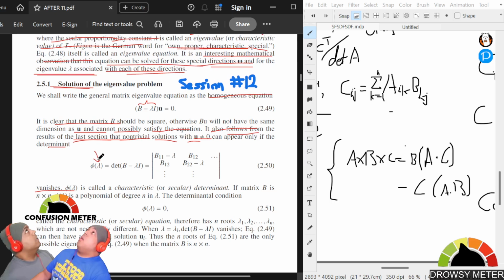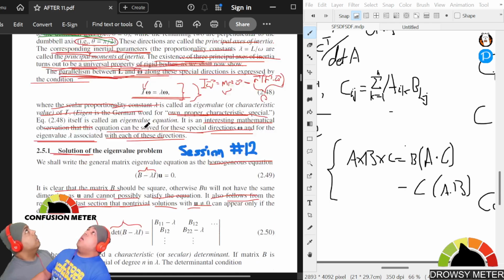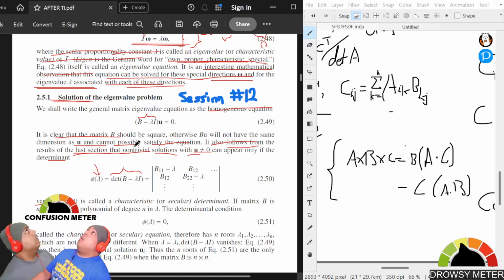Phi of lambda is just the determinant of B minus lambda I. Lambda is only present in the diagonals because I is 1 in the diagonals and 0 elsewhere. So it's just the B matrix with minus lambda in the diagonals.